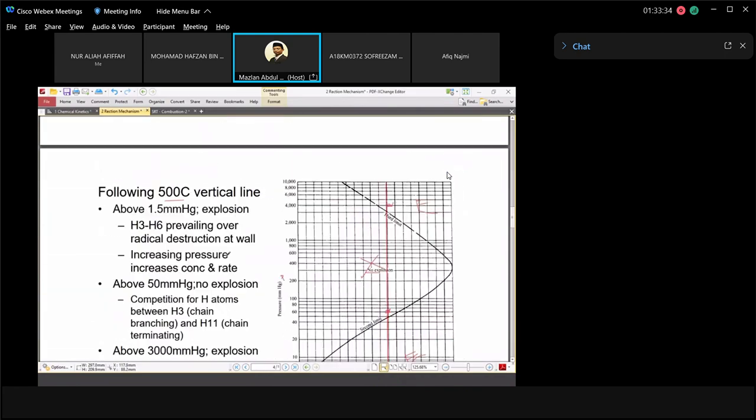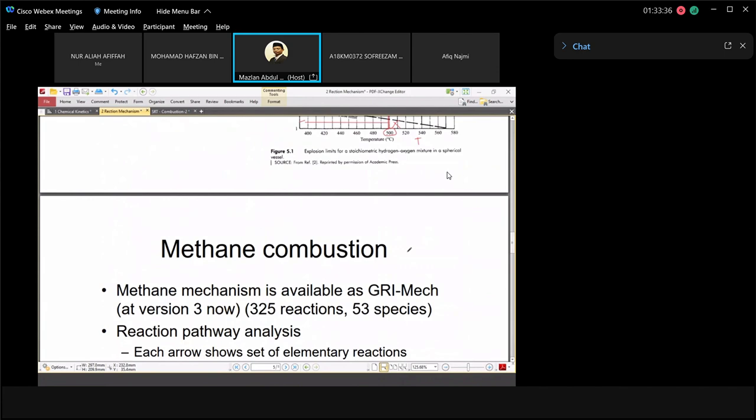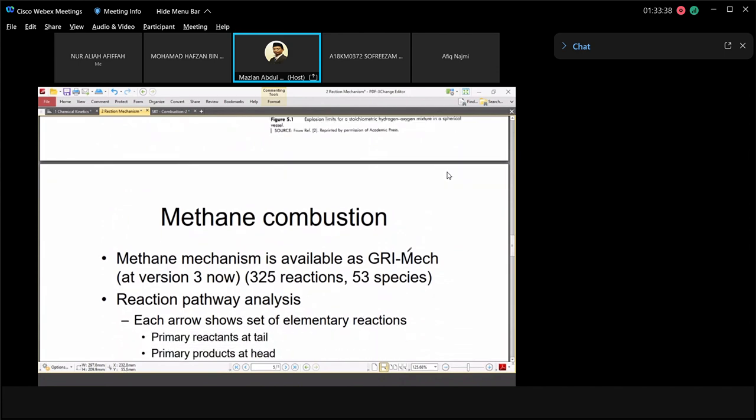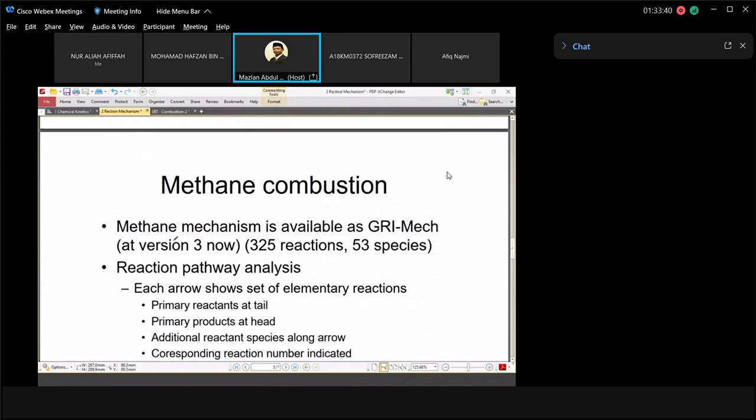So that is the hydrogen oxygen system. Now this is methane combustion. Talking about methane, the methane mechanism is available as GRI-Mech, now at version 3, with 325 reactions and 53 species.